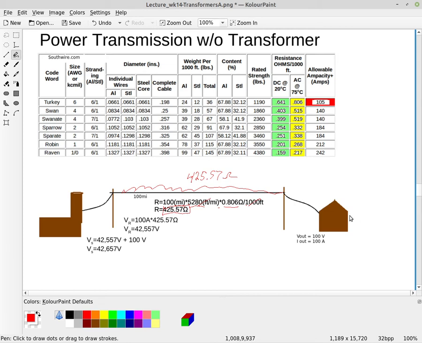And remember, I just calculated that I had 1 ohm of resistance at my house.